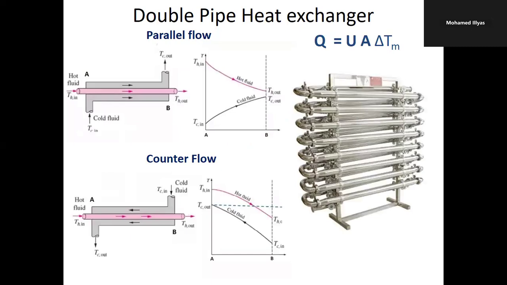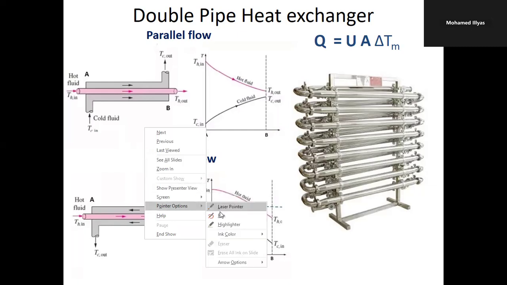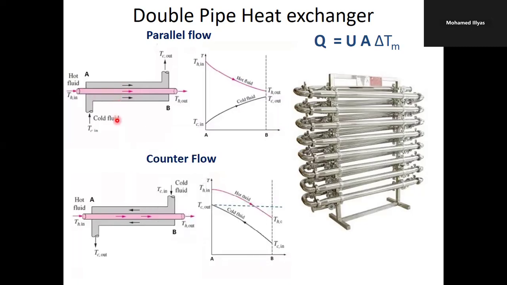And regarding the double pipe heat exchanger, as we have seen, parallel flow and counter flow. If you see this arrangement of parallel flow here, as this diagram shows, the hot and cold fluids enter in the same direction and leave at the other end in the same direction.